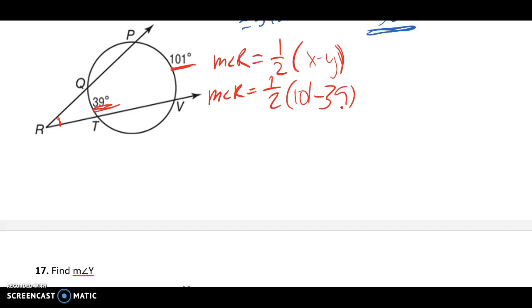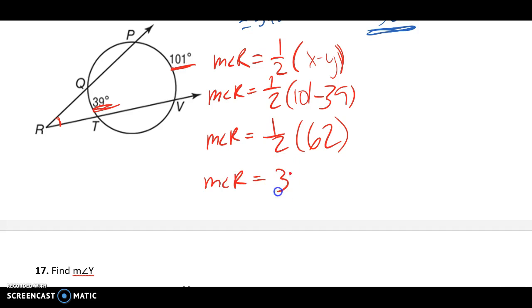Then 101 minus 39 gives us measure of angle R equals 1/2 of 62, right? And then measure of angle R will be equal to 31. Okay, so just applying our formula that for the exterior angles, to find the angle, it's 1/2 the difference of the arcs. Okay, no problem.